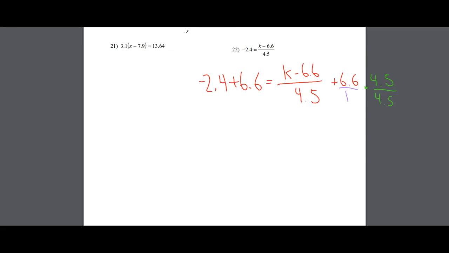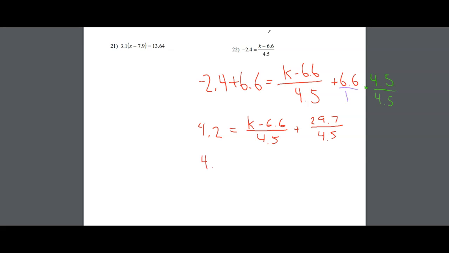On the left-hand side, I'm going to get positive 4.2. Then I'm going to get k minus 6.6 divided by 4.5 plus 6.6 times 4.5, which is 29.7 over 4.5.